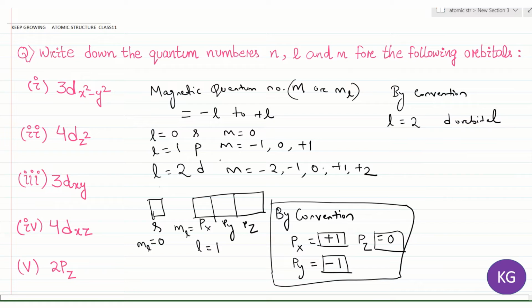That means for the d orbital, the ml values are -2, -1, 0, +1 and +2.